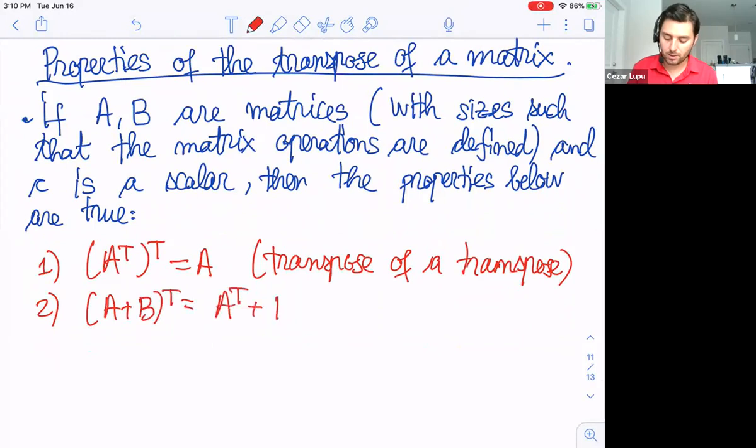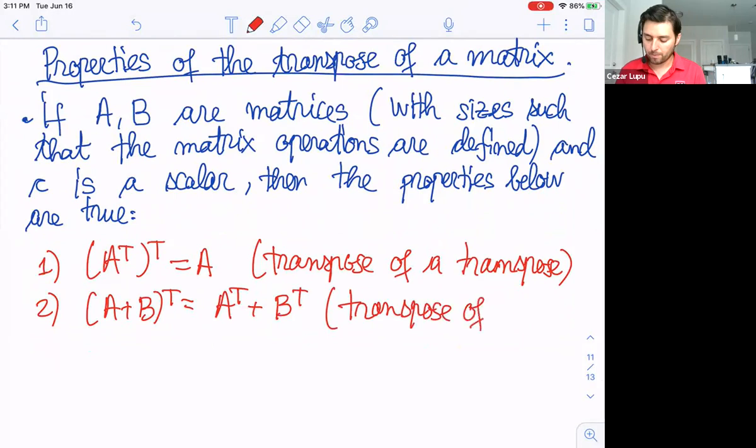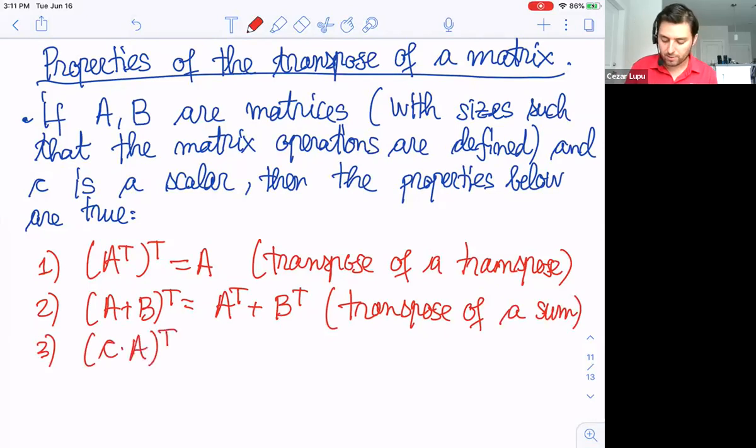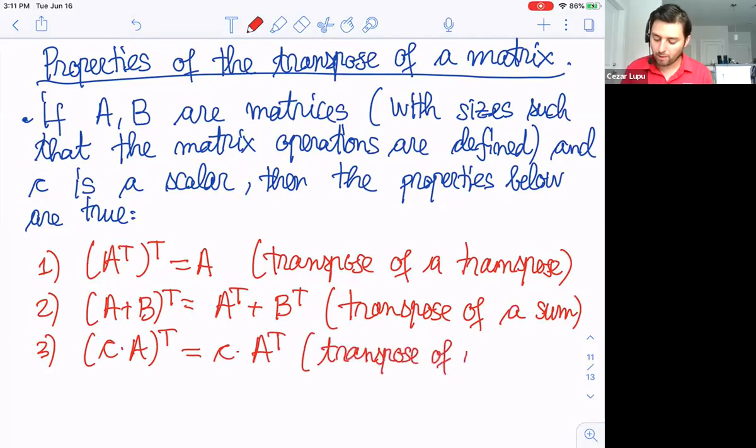It's just transposing each matrix and adding them up. So this is a transpose of a sum. Then we'll have C times a matrix, or scalar times a matrix transpose. This is nothing else than just multiplying the scalar by the transpose. So the transpose of a scalar multiple.